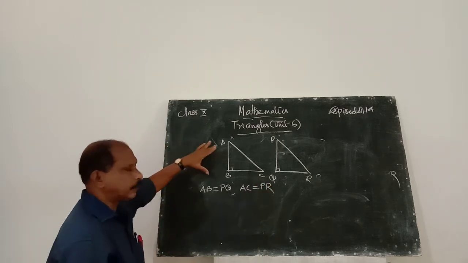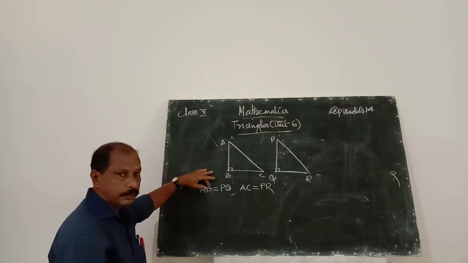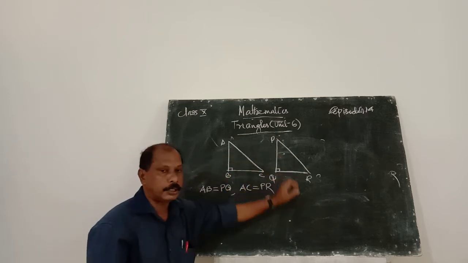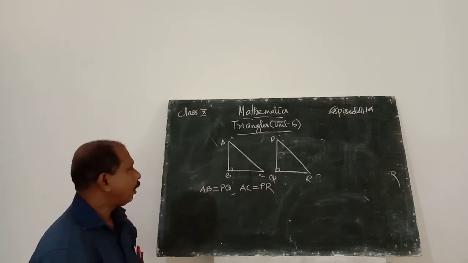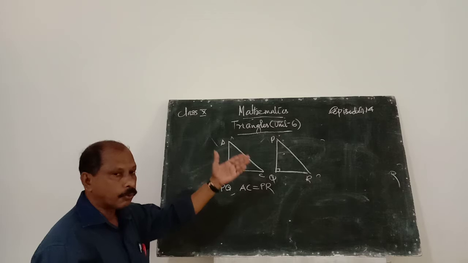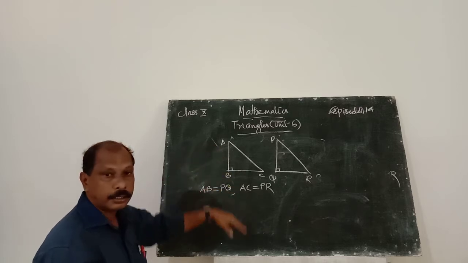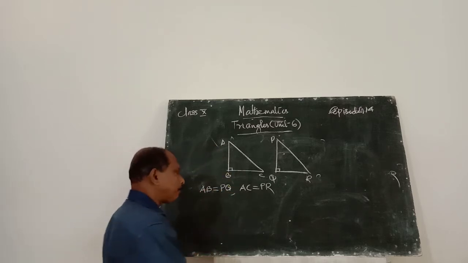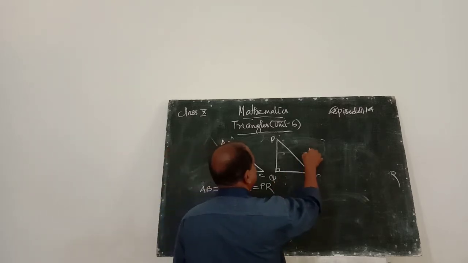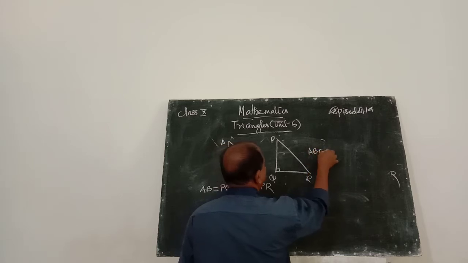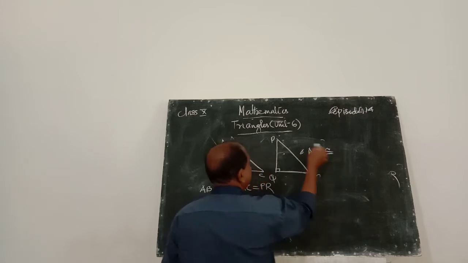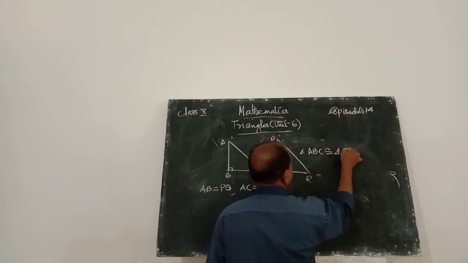That means one side of the first triangle is equal to the corresponding side of the second triangle, and the hypotenuses are equal, and also the two triangles are right angle triangles, right angle at B and right angle at Q. Therefore, these two triangles ABC and PQR are congruent.